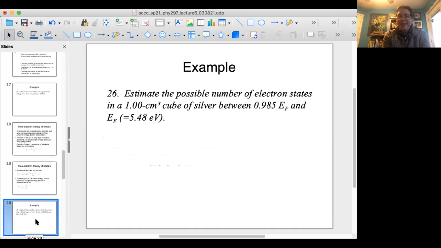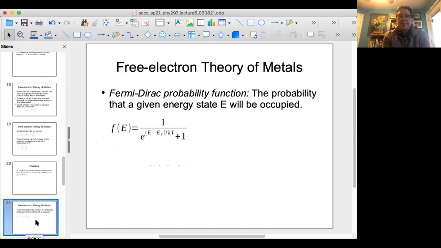So you can figure out the Fermi energy for different elements. And then you have the probability that a given energy state will be occupied. You see the equation F(E) is equal to 1 over e to the (E minus E_F) divided by kT, plus 1.